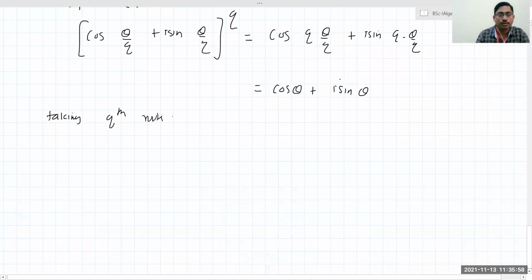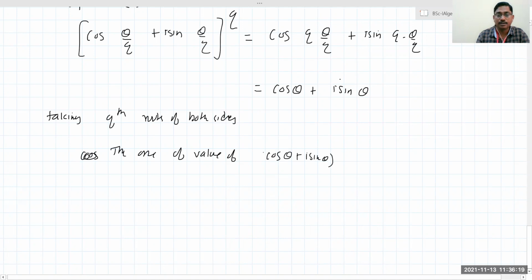Taking the qth root of both sides, one of the values of cos theta plus i sin theta, taking the qth root meaning applying 1 upon q power, is cos of theta by q plus i sin theta by q. That q and 1 upon q will get cancelled.